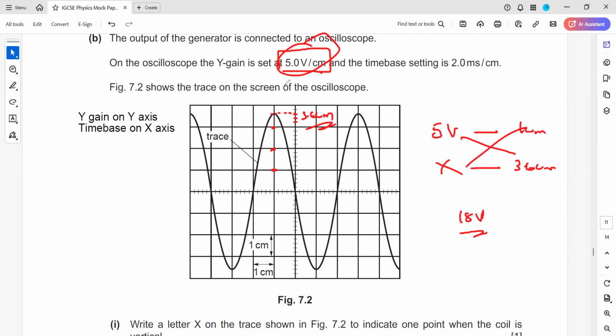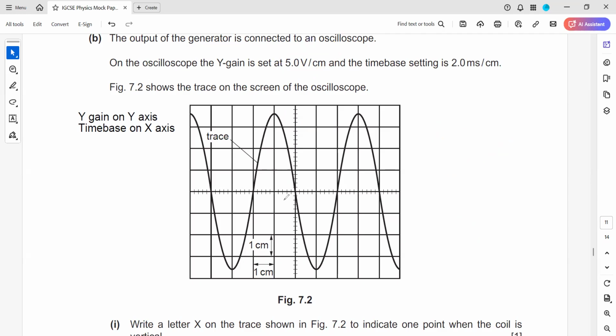Look, I will repeat again. If you read the question, they mention that on the oscilloscope, the Y gain is set at 5 volts per centimeter, meaning 1 centimeter on the Y-axis equals 5 volts. So this one box is 1 centimeter. We want the maximum voltage.